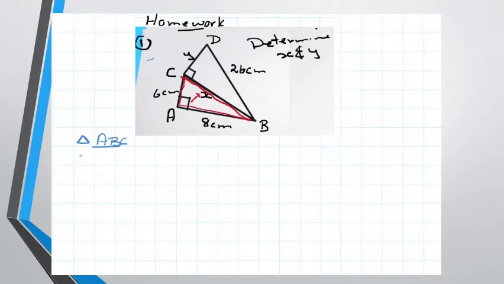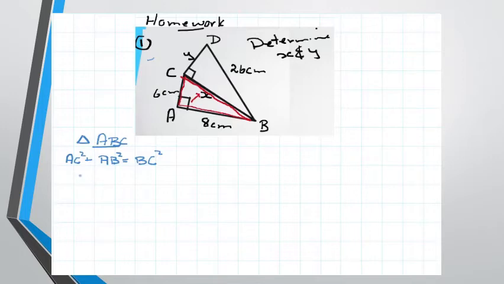So I'm going to start by saying that AC square plus AB square must be equal to the hypotenuse in that triangle, namely BC squared. That's Pythagoras.